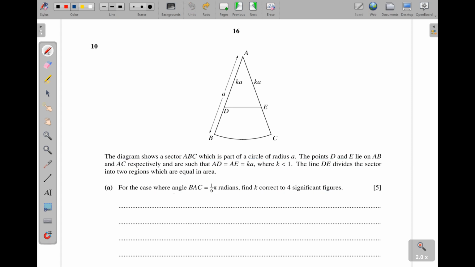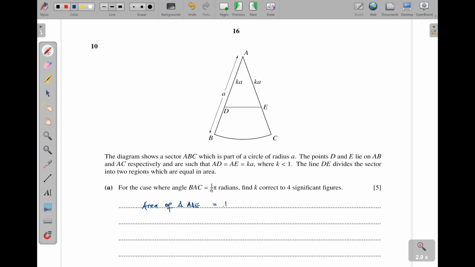They have given us the angle BAC as pi over 6. Now there is something they said here. The line DE divides the sector into two regions which are equal. You see that? So that means the area of this one here is equal to the area of this one here. So what is the area of triangle ADE?